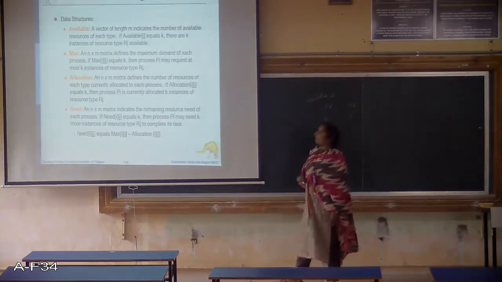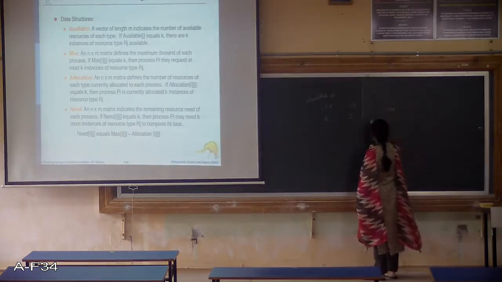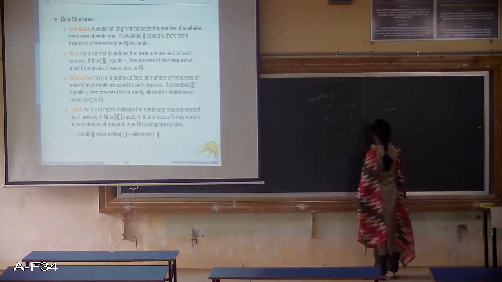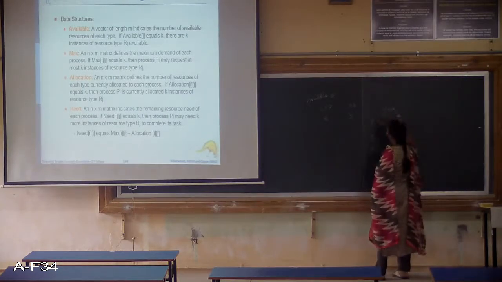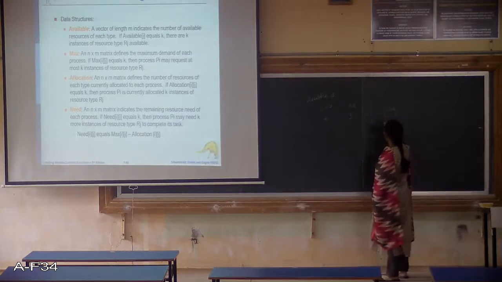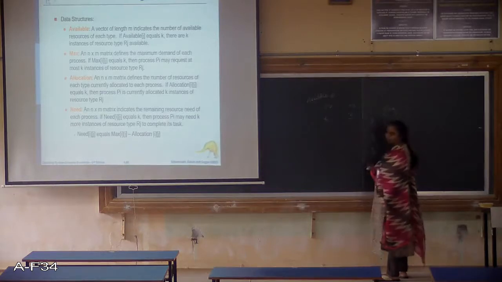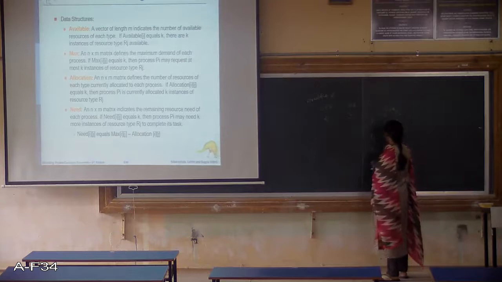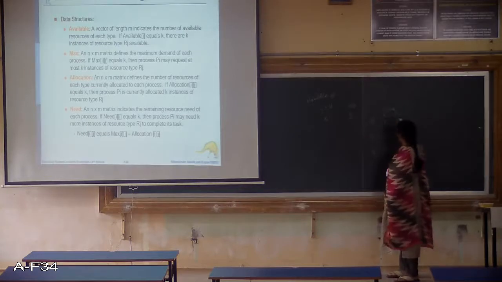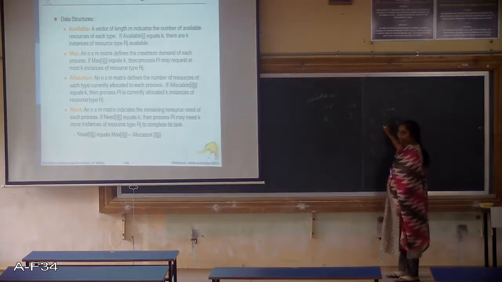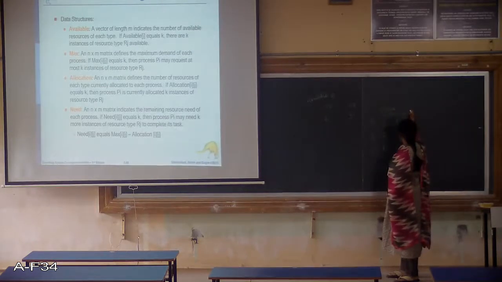Okay. Next, Max. Max is an n by m matrix. Max indicates processes on one side, P1, P2, P3, and so on, and on the other side the resources R1 and R2. R1 is CPU for example, and R2 is USB.